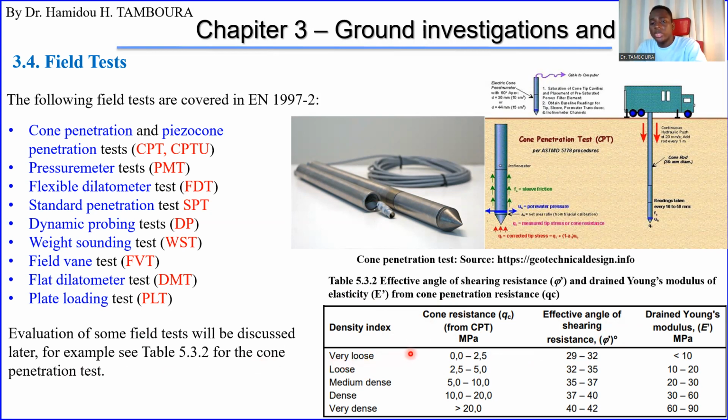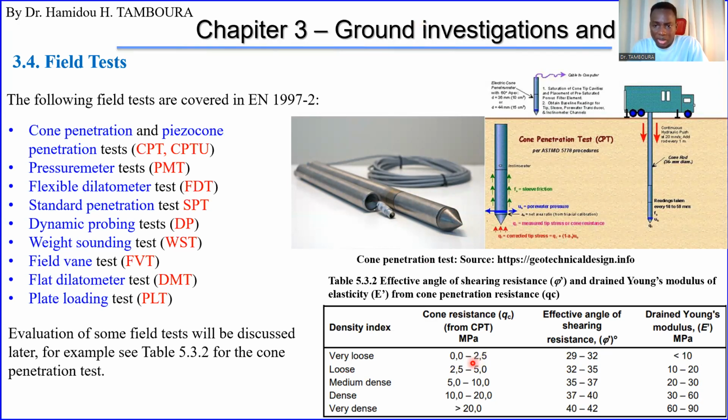It gives you some ranges for very loose soil. The qc will range from 0 to 2.5. qc is the cone resistance. The resistance of the cone, qc here, is the measured tip stress or cone resistance, not the friction.